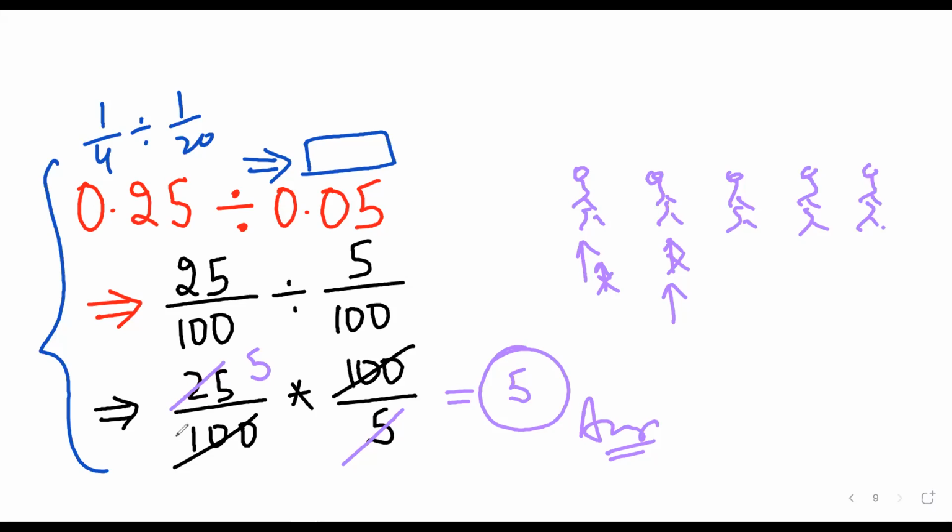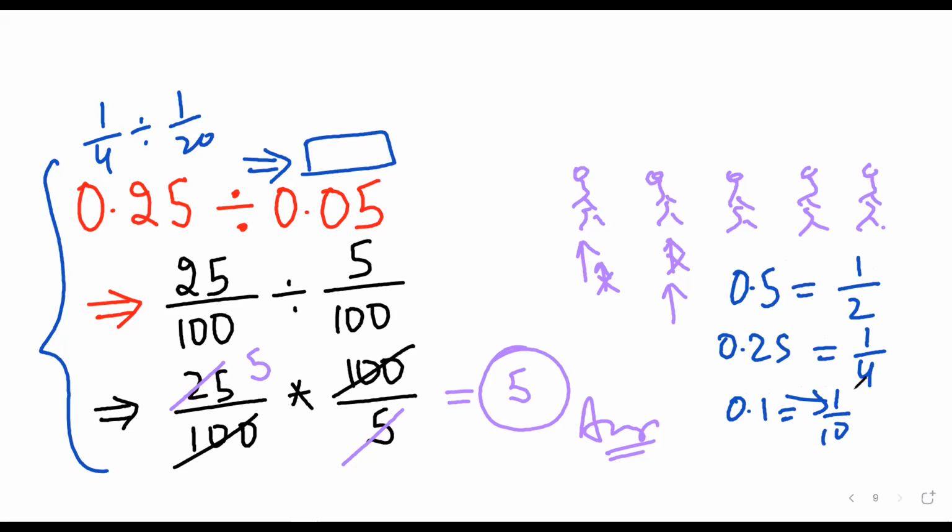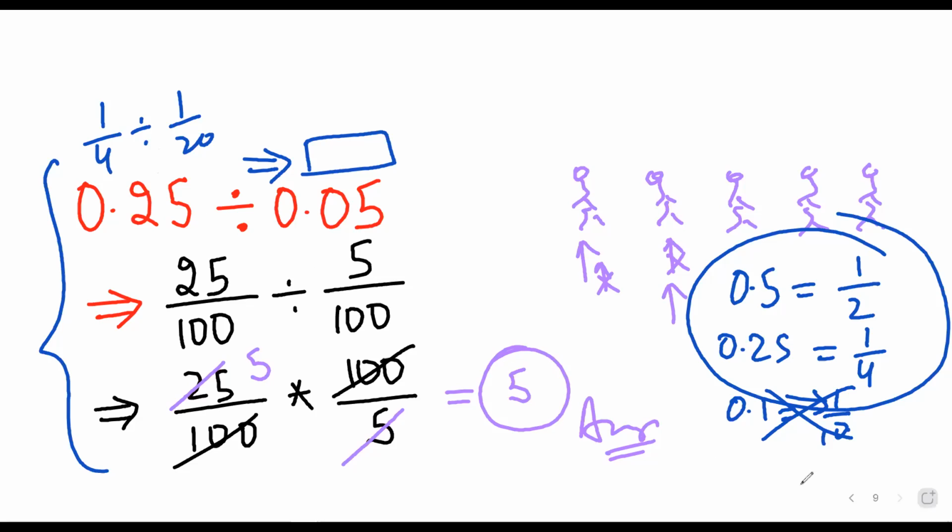It is confusing to most of the students. The point that I'm trying to make is, if you understand that 0.5 is equal to 1/2, 0.25 is equal to 1/4, 0.1 is equal to 1/10, that is obvious. But the point is, this is not obvious to all children. Sanvi, have you understood? Yes, sir. So you may think it is obvious, but for the other person it may not be obvious, and that is why I'm telling you step by step what steps you can follow whenever you get confused.